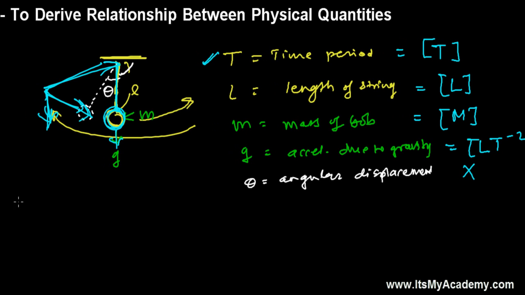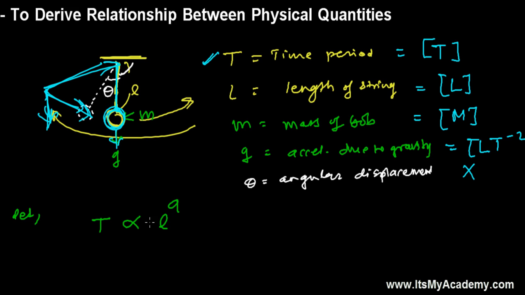Let's say our time period is proportional to length, and we don't know how, maybe inversely, maybe directly. So let's say the time period is proportional to L with power a. If this a is positive, it's directly proportional, and if it is negative, it's inversely proportional.